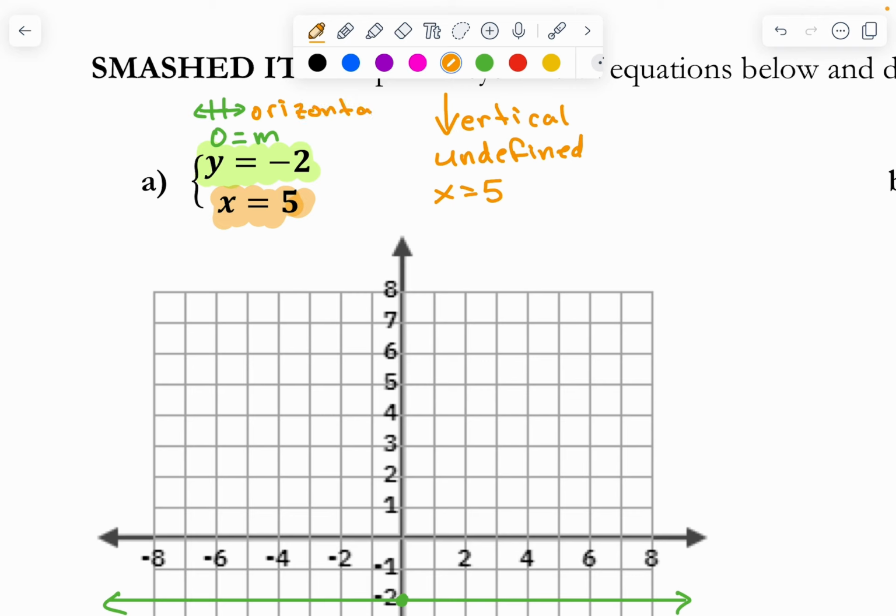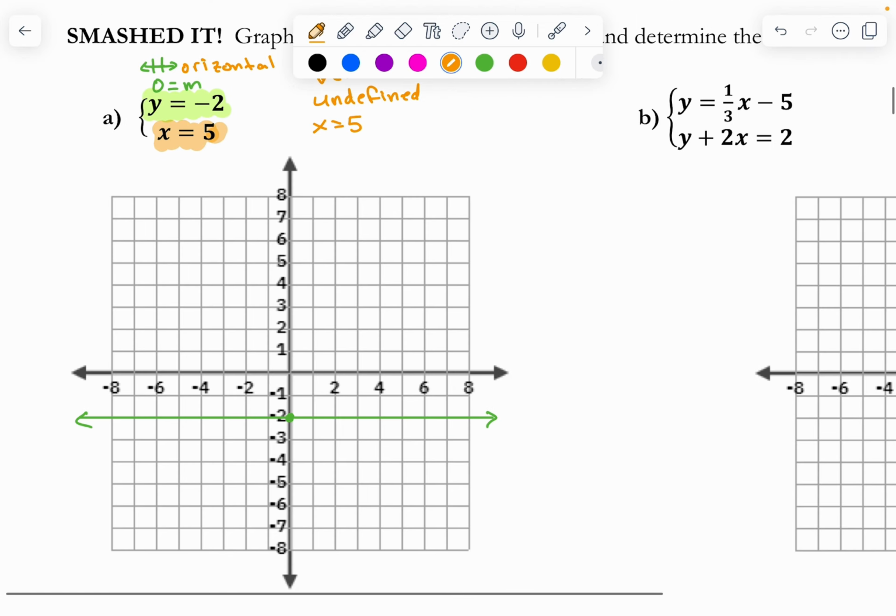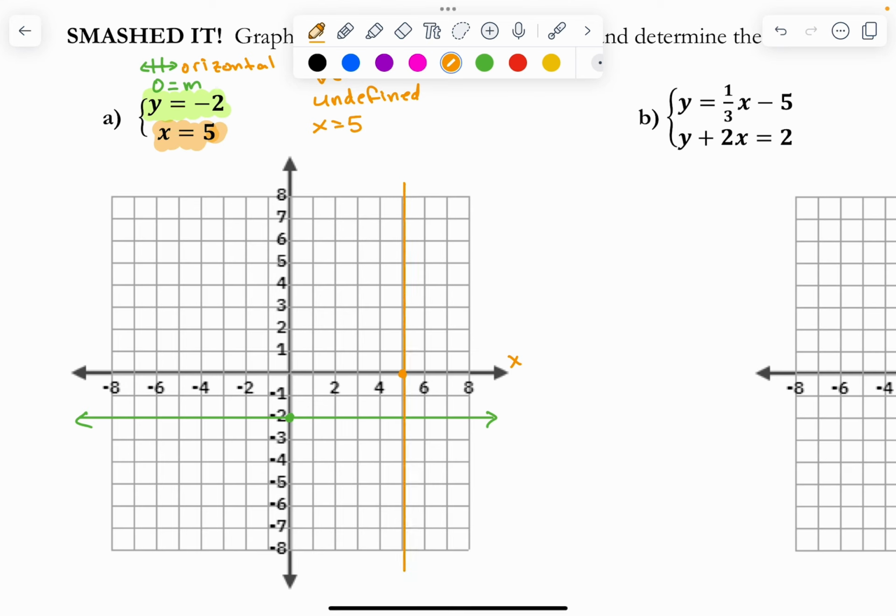Horizontal. Vertical is up and down, so I'm like, okay, where's x equal to 5? Well, if this is my x-axis, this is my x equals 5. And here we go. There we go.